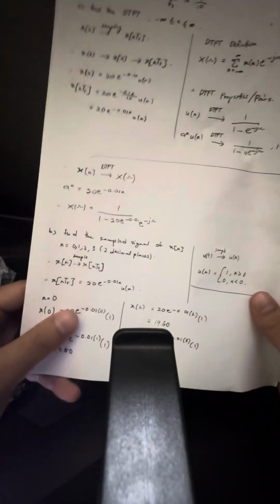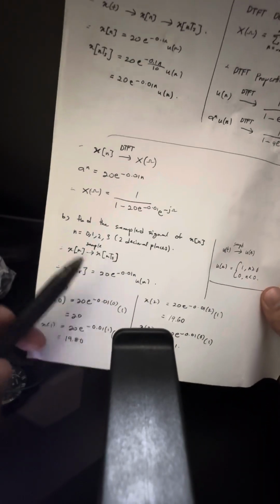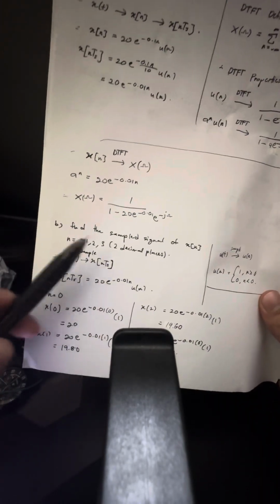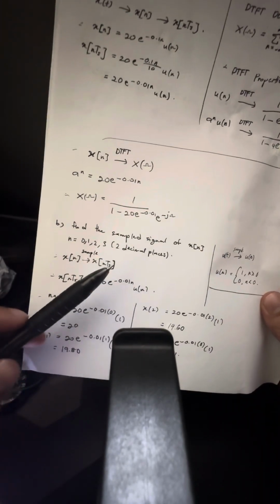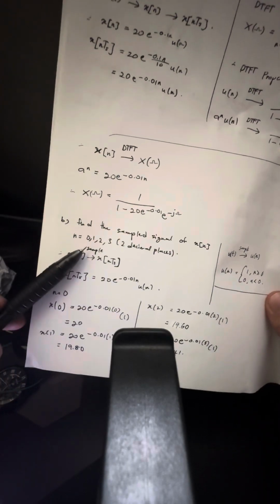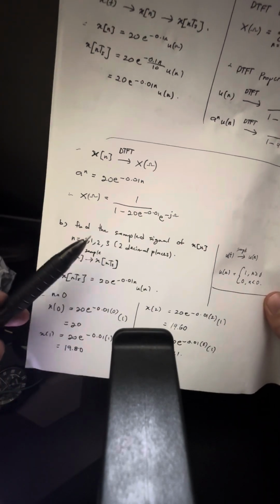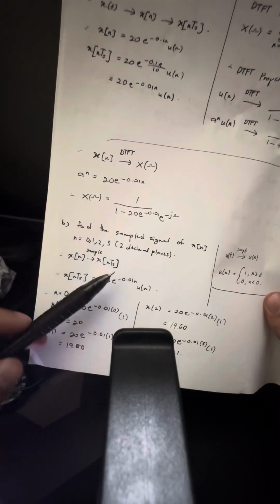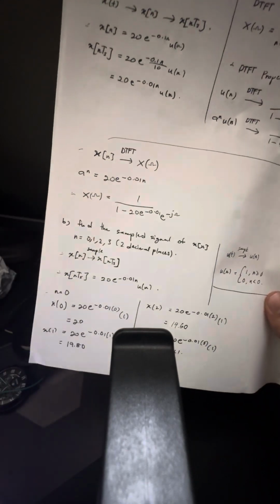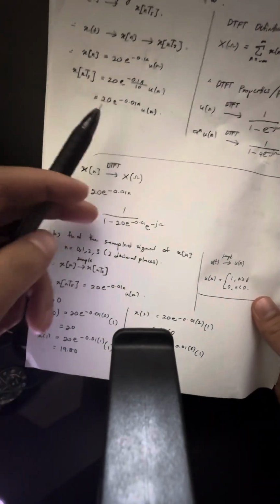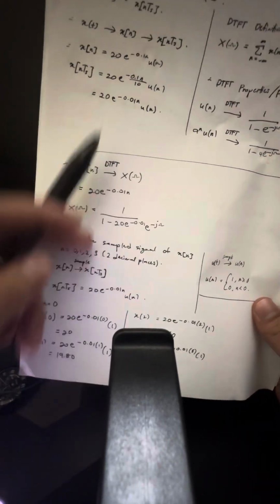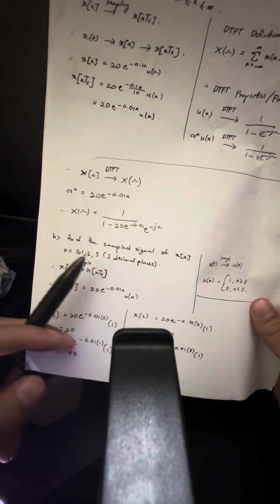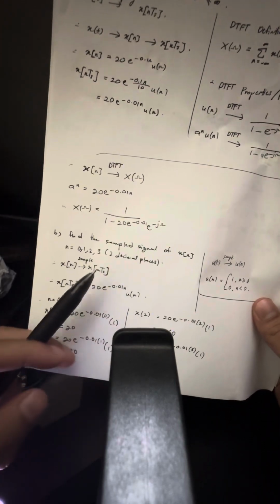Question B tells us to find the sample signal of x of n, where n is 0 up until 3, and we need to find the values of the sample signal x of n, which is the one that we get, until n is equal to 3, up to 2 decimal places.